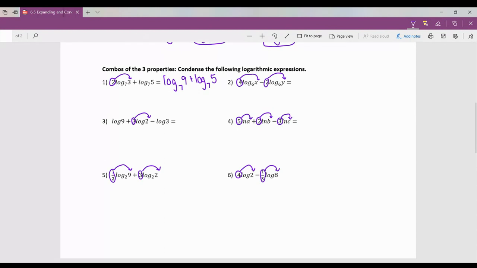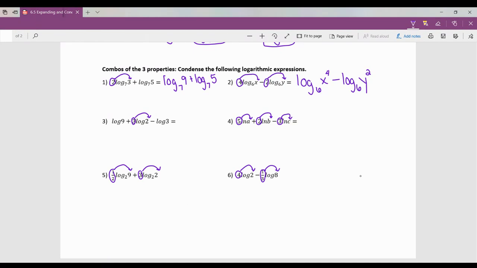All right, so now for the next one, it's going to be log base 6 of x, exponent is 4, minus log base 6 of y, exponent is 2.